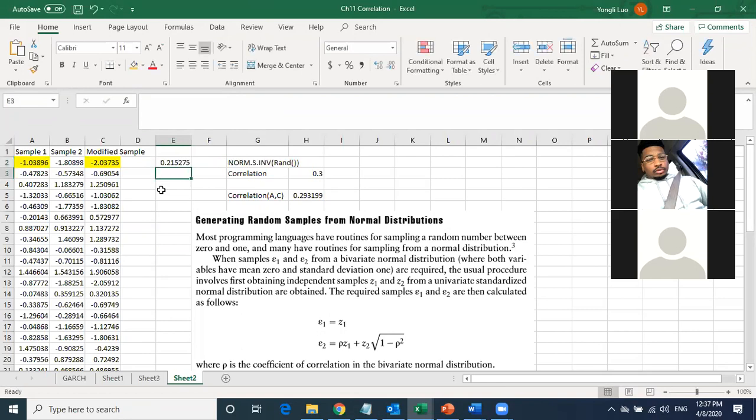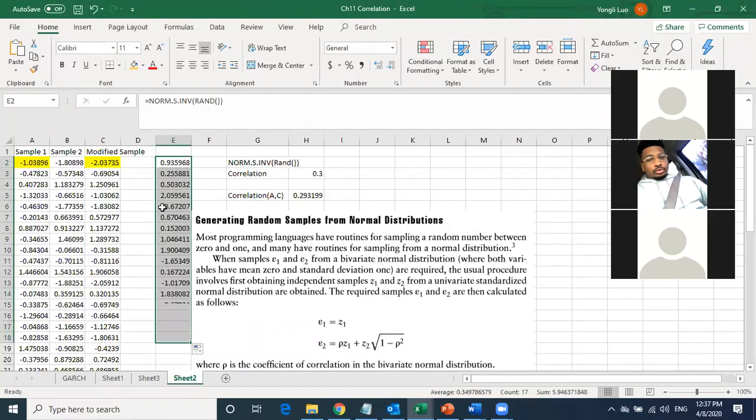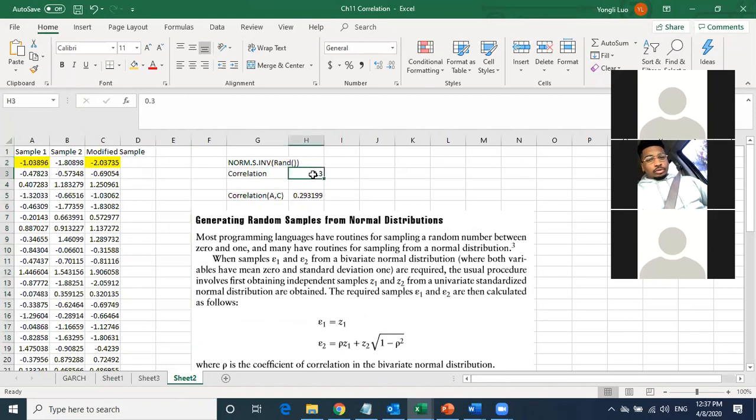You click on that and you will see a normal distribution random number. Then you just drag all the way down, and that's how you get all those random numbers. You do the same thing for a second sample. If you have two samples and want to get a correlation between these two, you can use this formula.